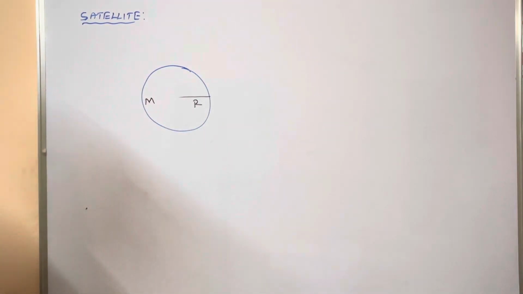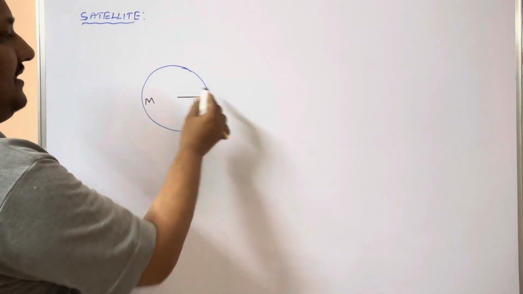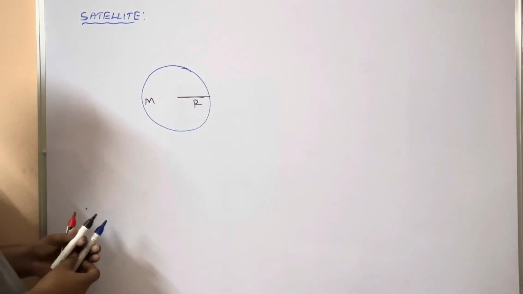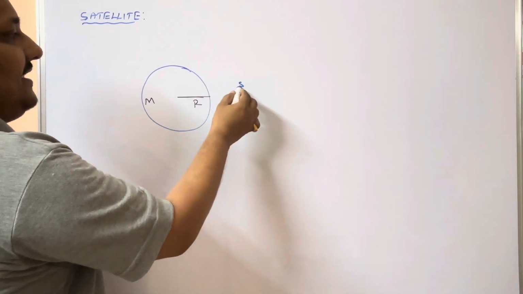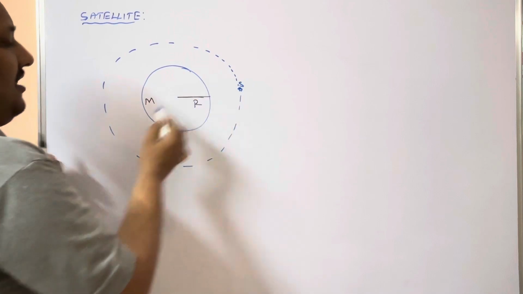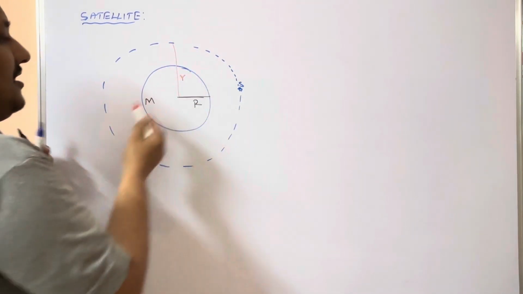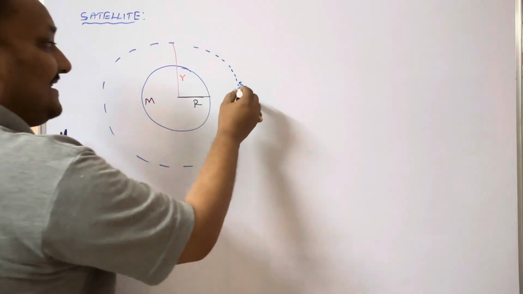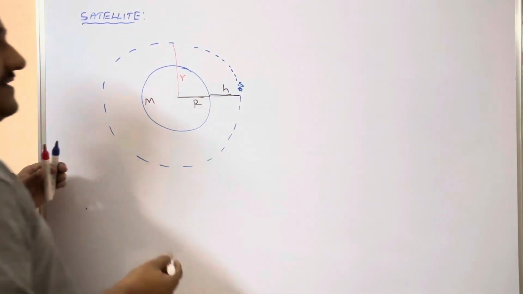So this is the mass of the earth, capital M, and radius of the earth, capital R. Any object which is revolving, the satellite, around this in a particular orbit of radius small r. This satellite is at a height h from the surface of the earth.